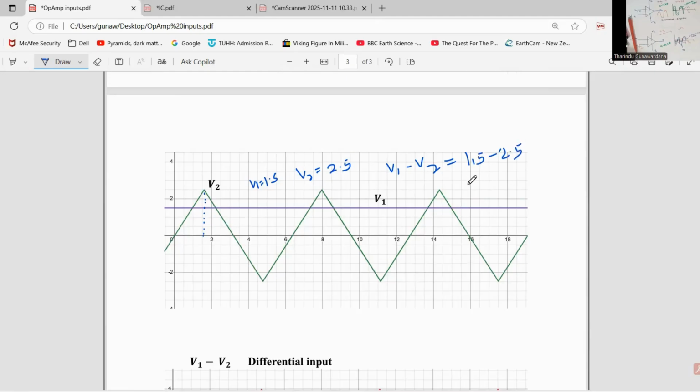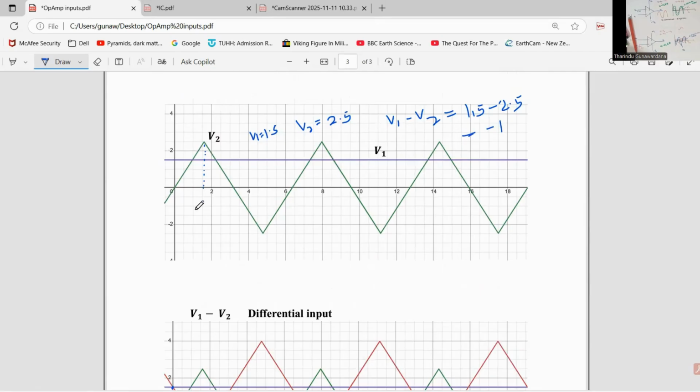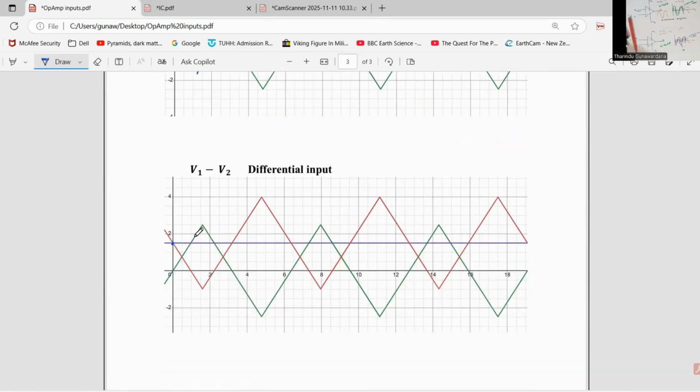So this is a negative value. This is minus 1. So when time equals this certain value, V1 minus V2 is negative 1. This red color curve represents V1 minus V2, the differential input, and it's minus 1.